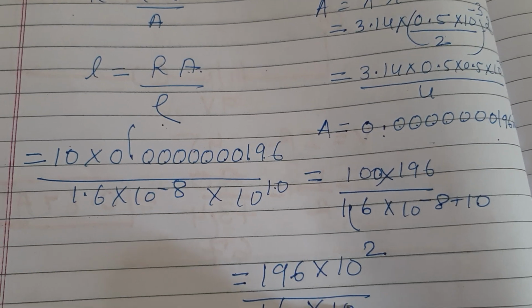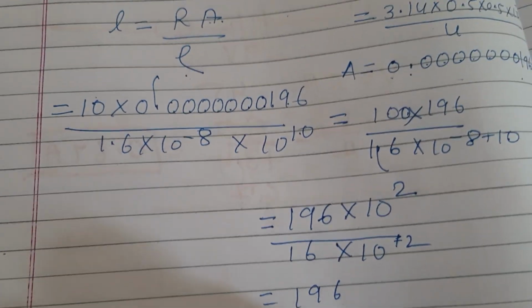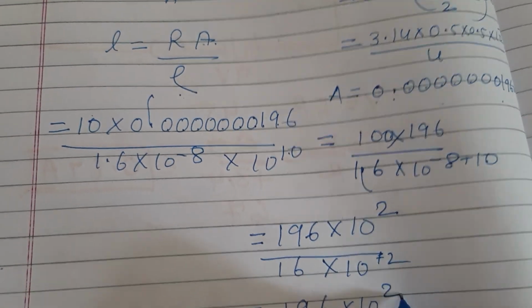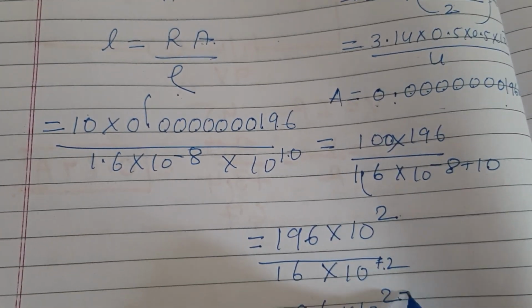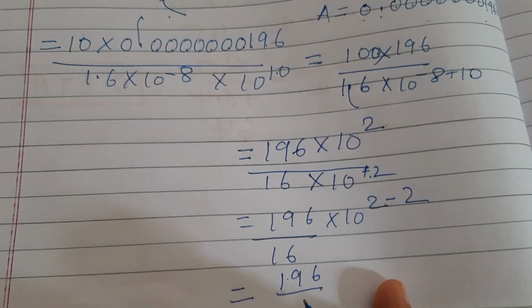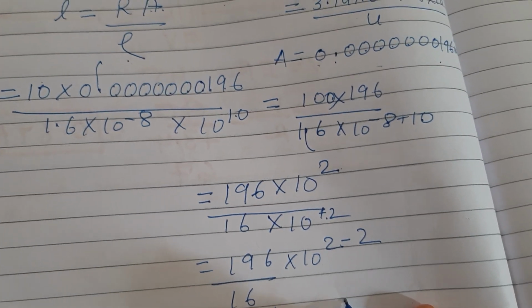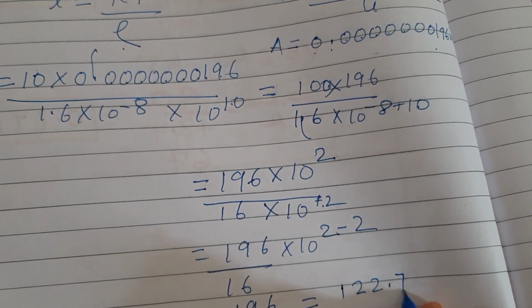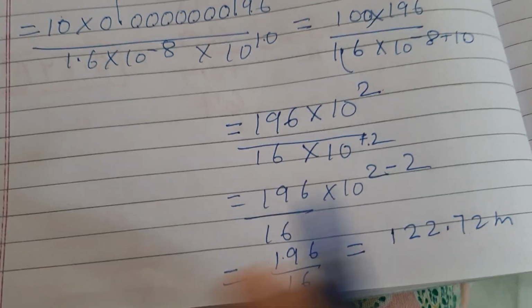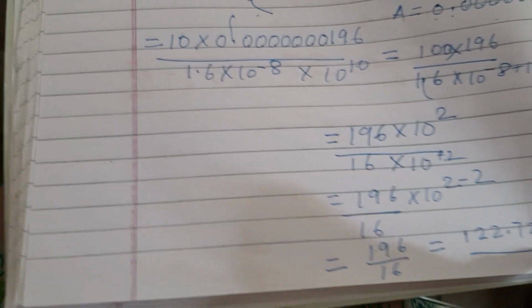So it is 10 raised to power plus 2. Again 196 divided by 16 into 10 raised to power 2. So at last we will get 196 upon 16. When we will divide it, we will get 122.72 meter. This is the length of the wire which we get.